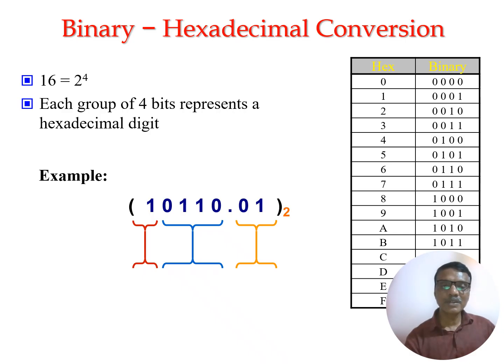After the decimal point 0, 1, here only 2 bits are available, then another 2 bits will be considered as 0. So here also we will put 3 zeros because there is only 1 bit available, and then the remaining bits will be considered as 0.